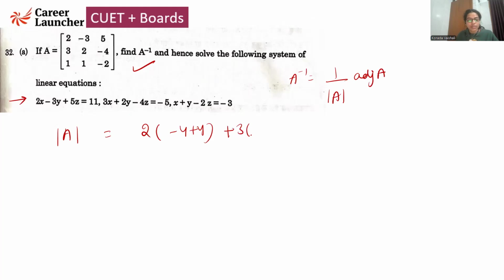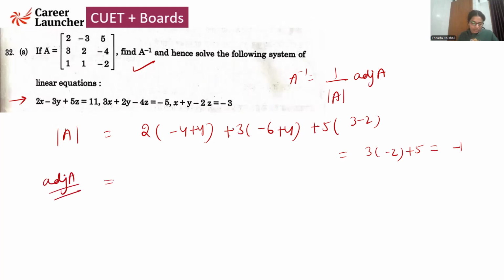I'm getting minus 6 plus 4 plus 5 is 3 minus 2. If you solve this, you will get plus 5. So the determinant is coming down as minus 1. Now we need to calculate the adjoint matrix of A. I'll just discuss the final set that we are getting in terms of the transpose.